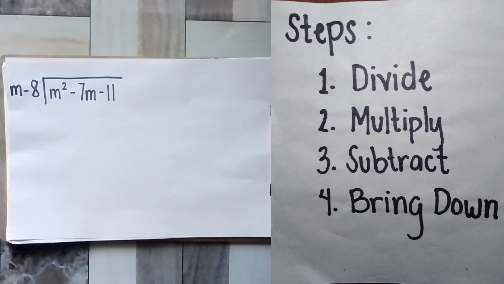M minus 8 is our divisor and m squared minus 7m minus 11 is our dividend.